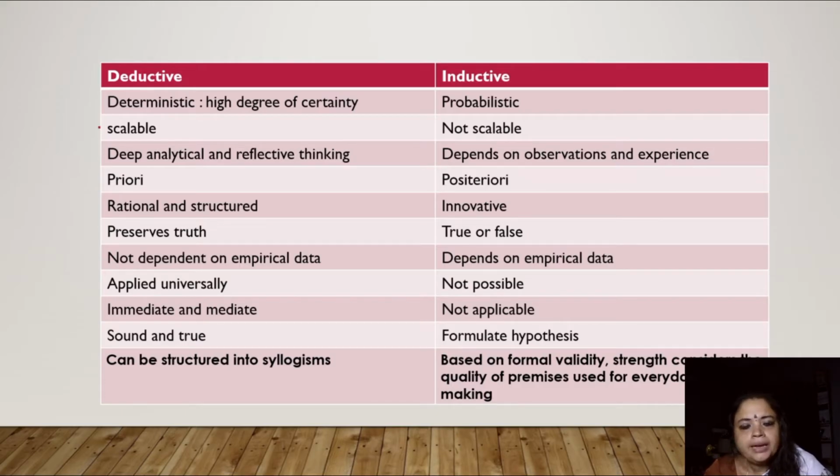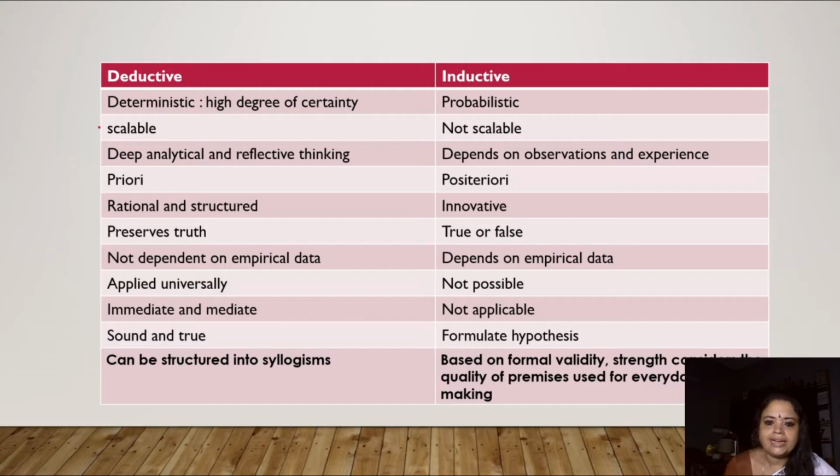So inductive means you are basing a general hypothesis on observations or experience. Deductive is called a priori, inductive is called a posteriori. Deductive is actually rational and structured, because already the premises are true, therefore it is a rational type of argument.